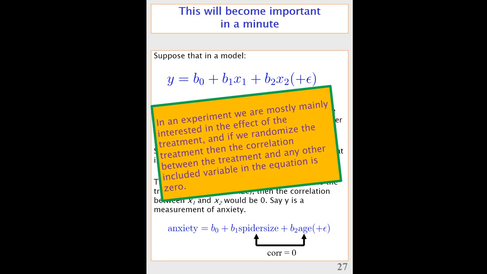And the other thing is, because we randomly allocate these spider sizes to people, it must be the case that the correlation between this one and that one is 0. People are showing up at the lab and you get a spider size at random, so there is no reason for any correlation to be there between the age, between any kind of characteristic, in fact, of the person that comes in and the size of the spider that you get, because it's randomly allocated.